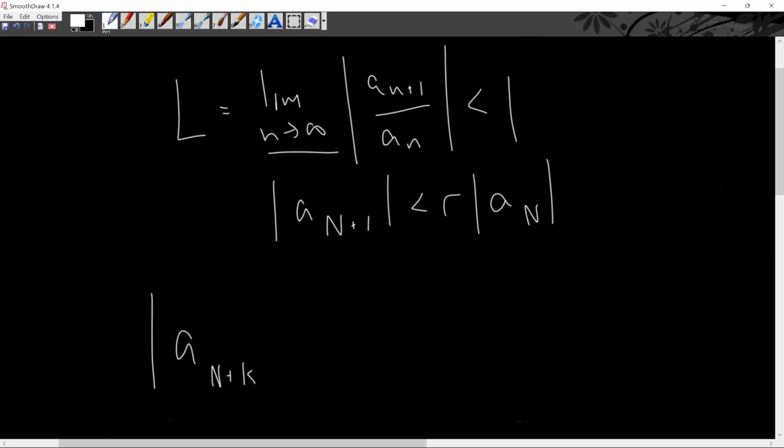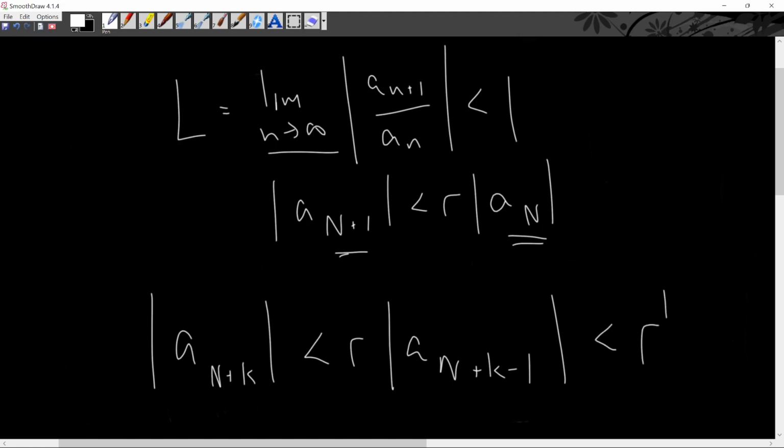But you have a sub n plus k, or the n plus kth term, is less than r times a sub n plus k minus 1. Remember, we're just applying this. If we added k to here, we can also add k to here. Technically we're adding k minus 1 to this one as well. And then we also acknowledge that this is less than r to the k times a sub n.